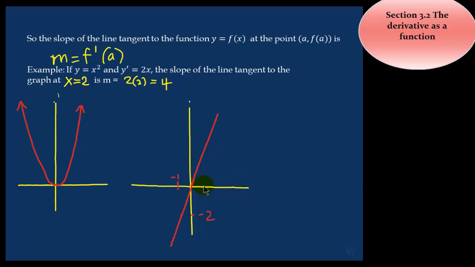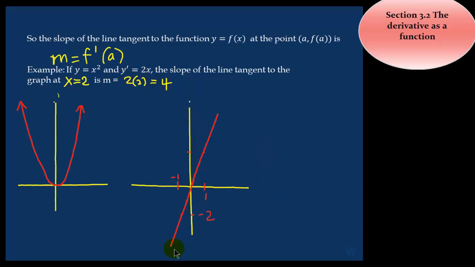That's why the graph now of your derivative function is in the first quadrant, because all the slopes for every x, say x equal to 1, the slope of the line tangent to the curve is 2. We know that because plugging in x equal to 1, 2 times 1 is 2.